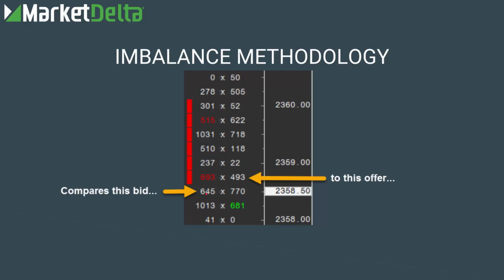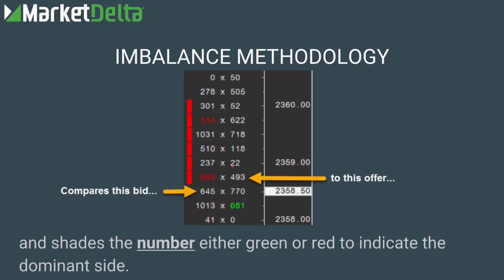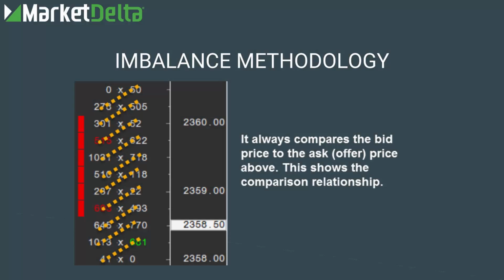Now, I know you see numbers to the left and to the right. Well, that's because the algorithm's always looking at this lower left to upper right relationship. Lower left to upper right. And I show that on this next one. So it compares the bid price to the ask price above.